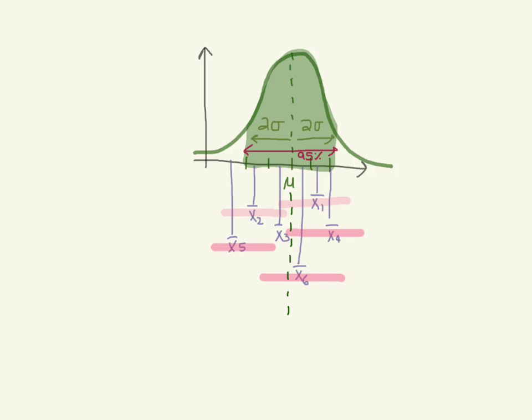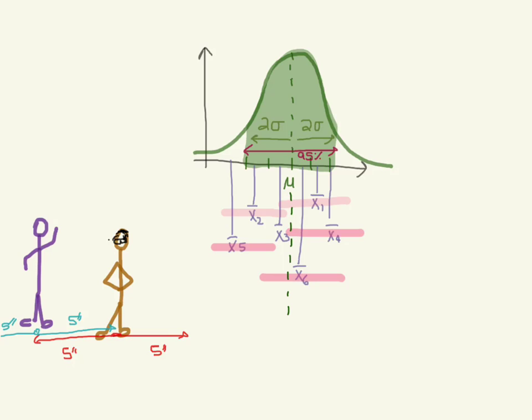Does that make sense? Let me put it a different way. If I say that you are within 5 feet from me, that's the same thing as saying that I am within 5 feet of you, right? That's kind of what we're saying here: if a sample mean is within 2 standard deviations from the population mean, then the population mean is within 2 standard deviations away from the sample mean.